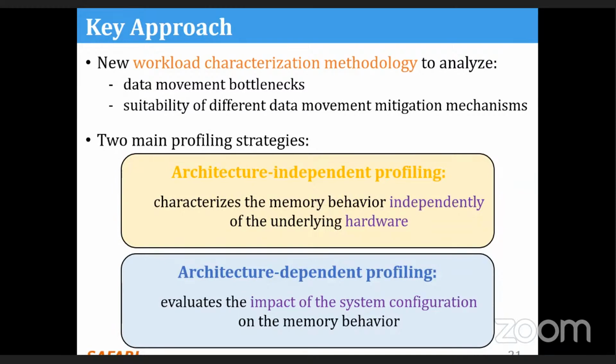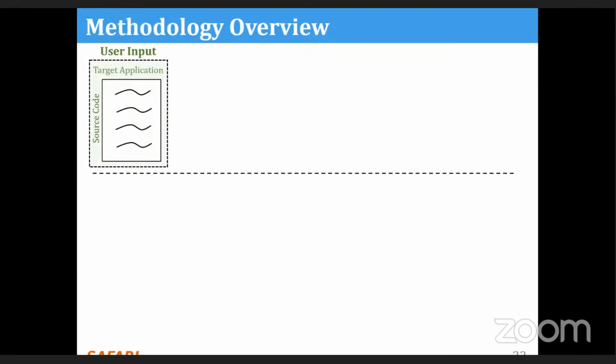For other metrics, we are doing an architecture-dependent analysis. We need to make some assumptions to completely understand some workloads, assumptions with respect to the hardware that we are using. But as I said, we use both types of profiling. And this is an overview of the methodology.